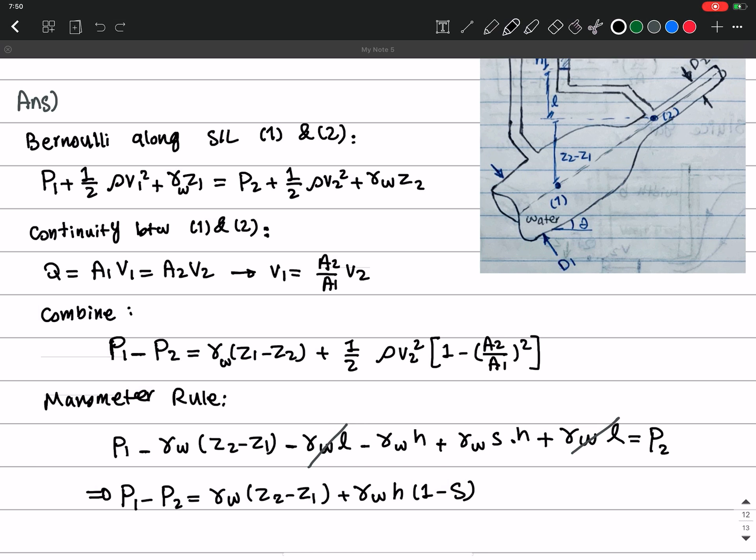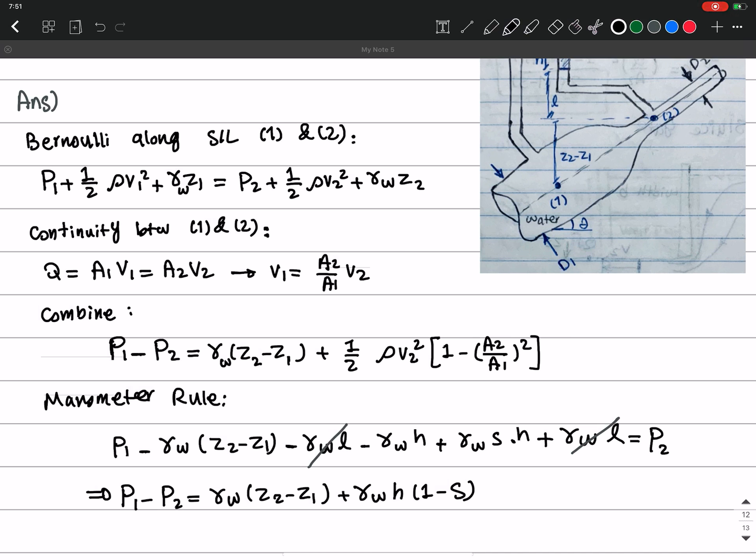I think here I have made a small mistake that I need to correct. So this one is Z2 minus Z1. Excuse me for that. If you combine it, it would be like this.